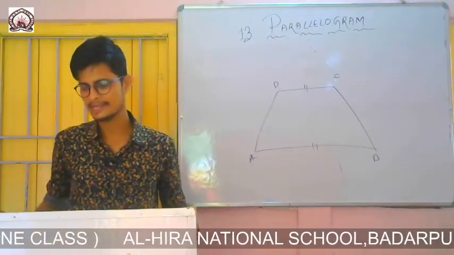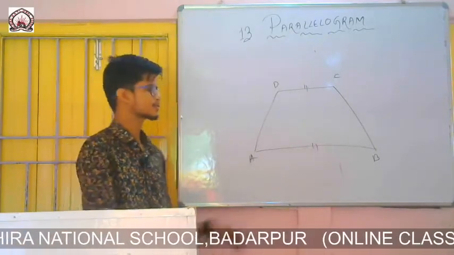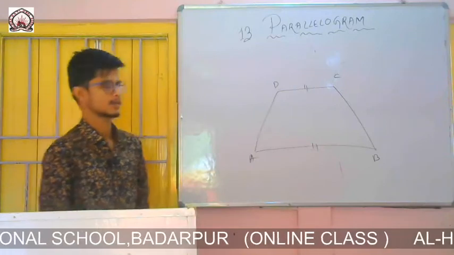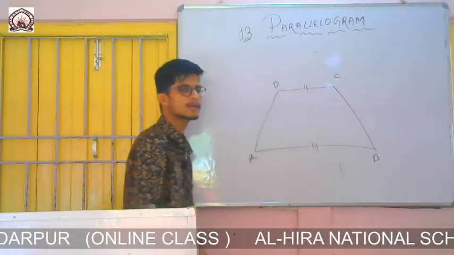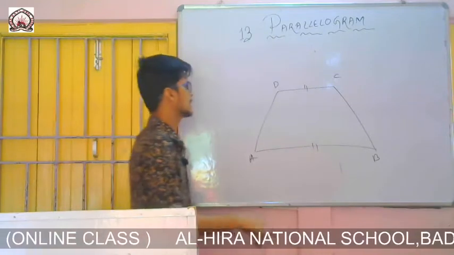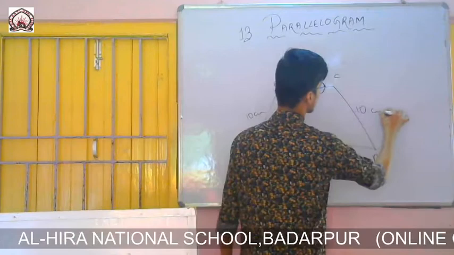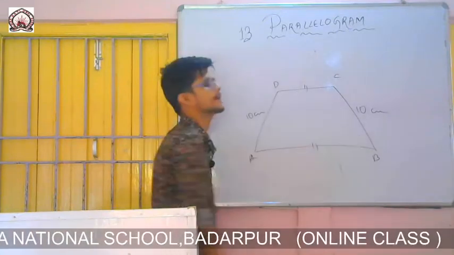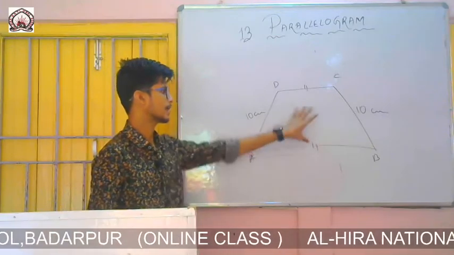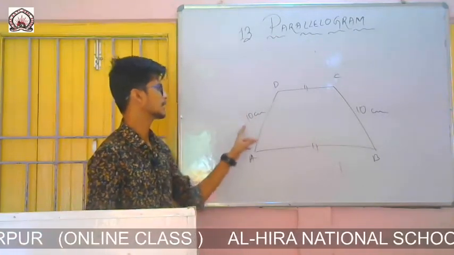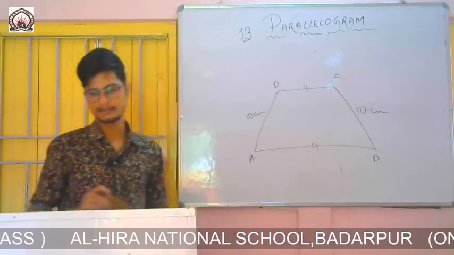Then the next one is the isosceles trapezium. It is the same, but the difference is that the non-parallel sides are of equal length. If this one is 10 cm long, then this side is also 10 cm long. You will find one pair of parallel lines, and the two non-parallel lines will be of equal length.